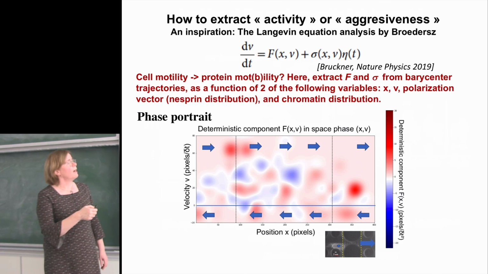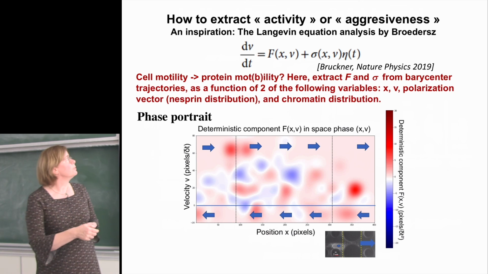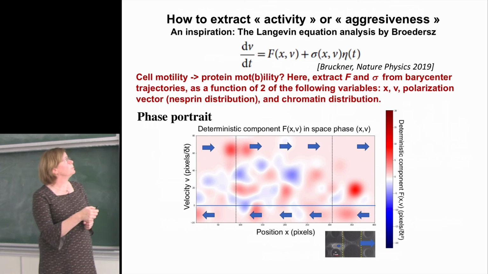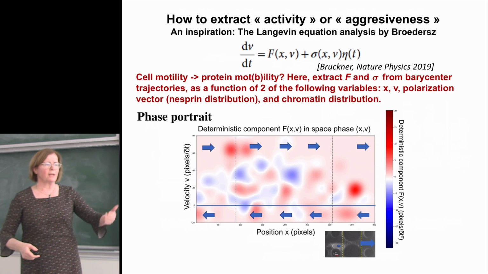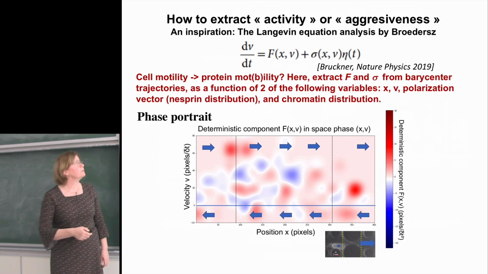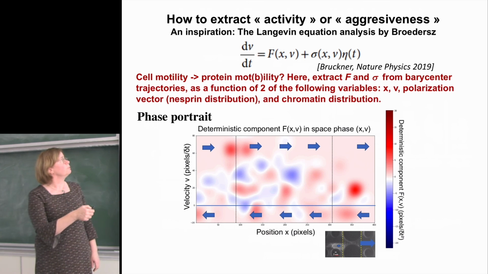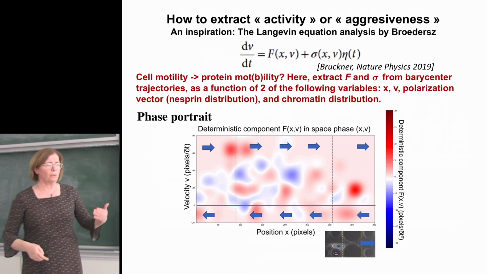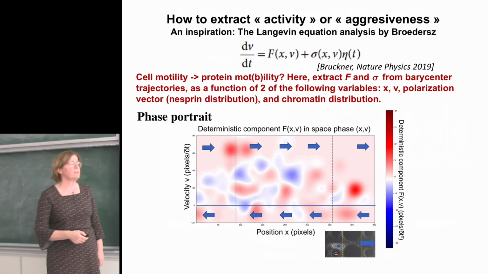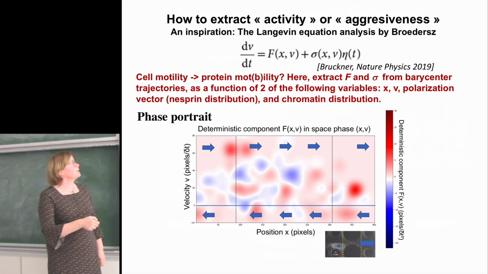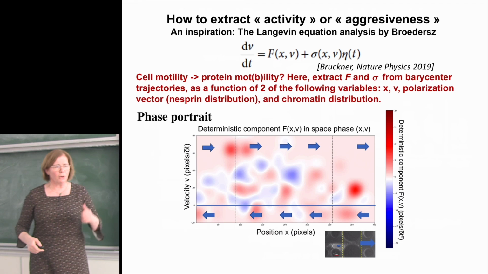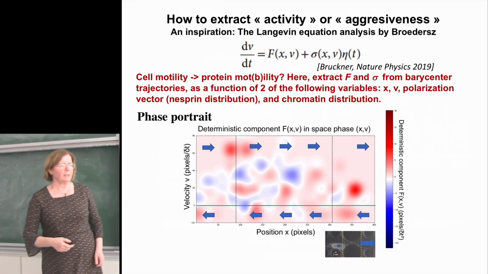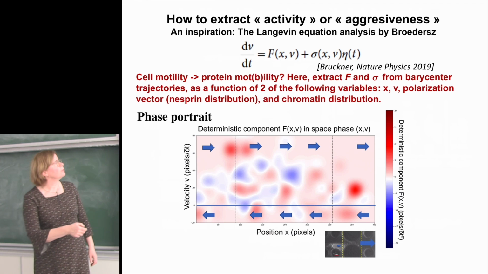Our idea is to apply this not only to position and velocity, but also to polarization, to how this nesprine is accumulated at the front. So to run this Langevin equation on the variables that we have in our system. This is an example during the lockdown, a try. This is only a try.